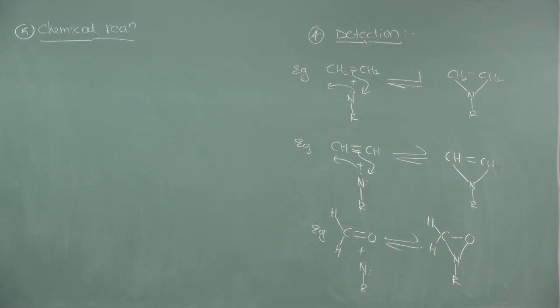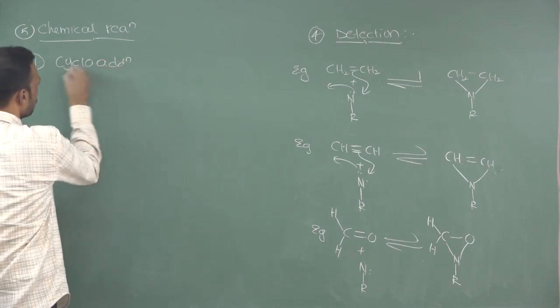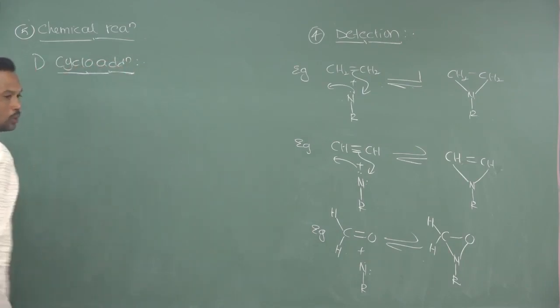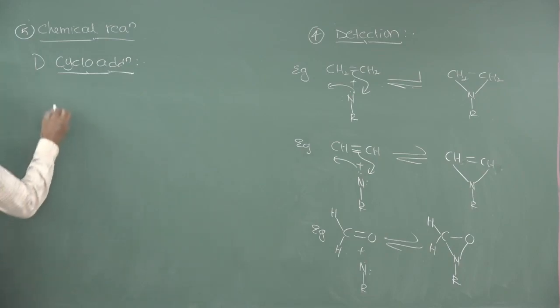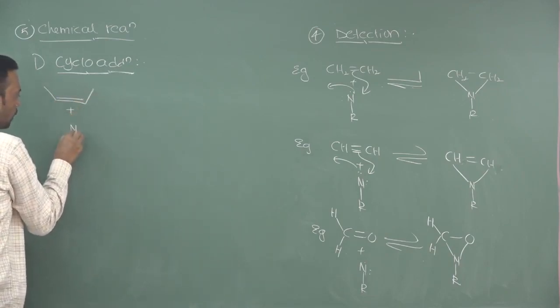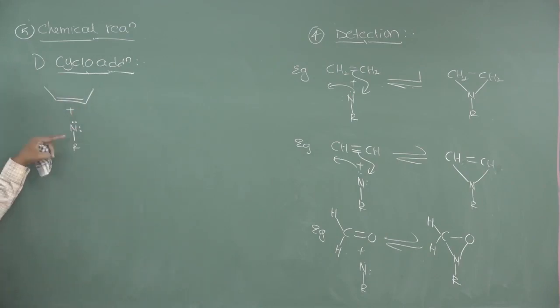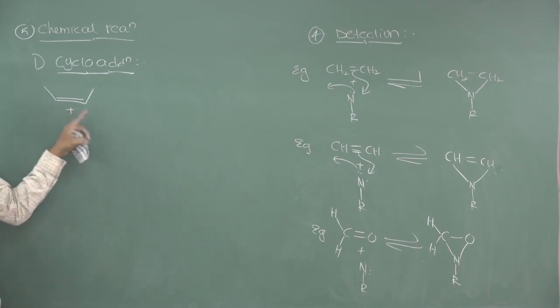First one, this is already given: cycloaddition. What happens in cycloaddition of olefins and carbene? Suppose I take a carbene, what happens when I introduce a singlet carbene to an olefin? It is concerted and stereospecific or not?